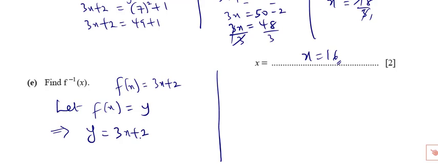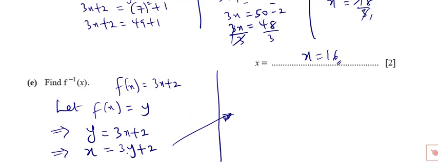That is the first step. And the second step is to interchange the x and y variables respectively. It means that wherever I see variable y, I replace it with variable x, and wherever I see variable x, I replace it with variable y. So this implies that x equals 3y plus 2. That is the second step. And the last step is to rearrange and make variable y the subject.